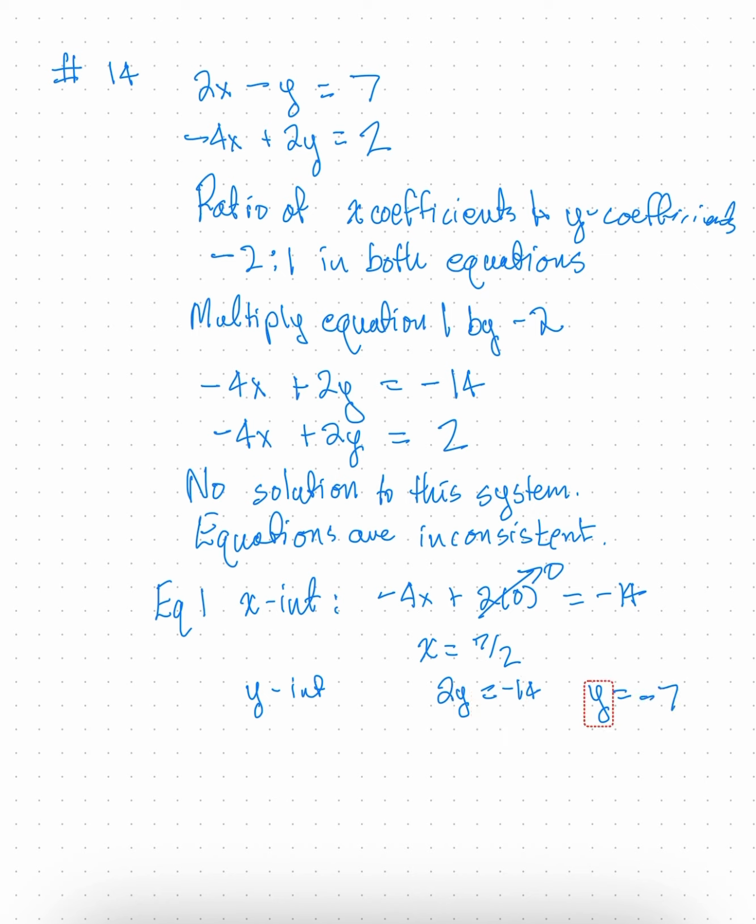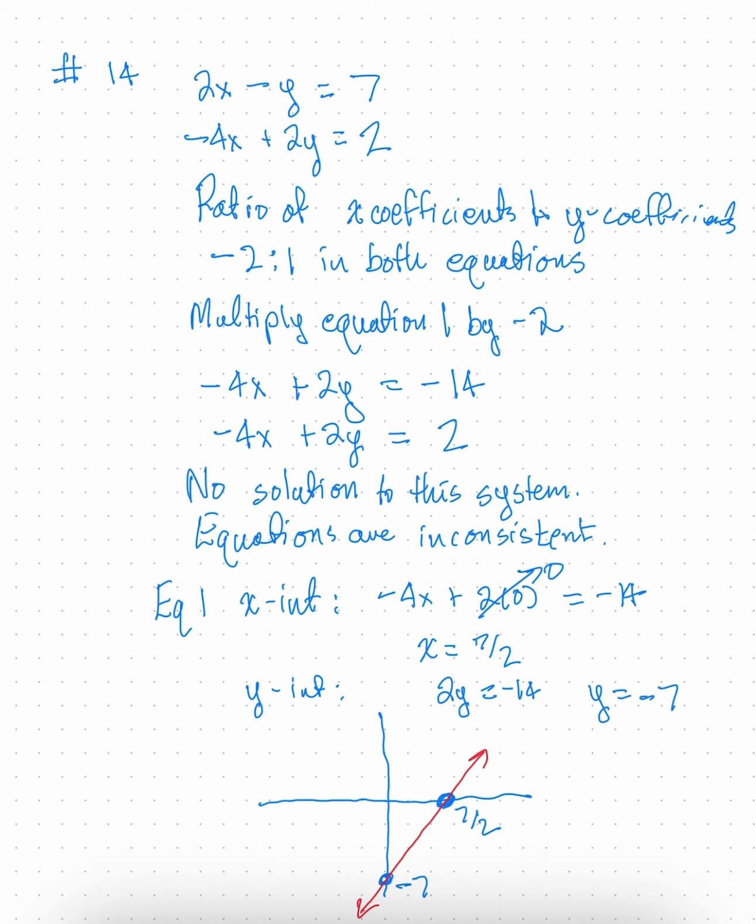And if I know the x-intercept and the y-intercept, I know that 2 points would uniquely define the line. And I'm going to come down here to negative 7 and go over here to 7 halves. And I have plotted the x and y intercepts of this line, and then I get to draw my line through there.